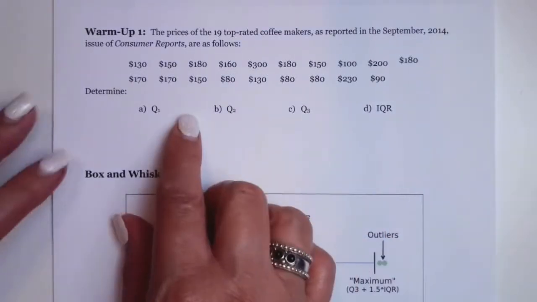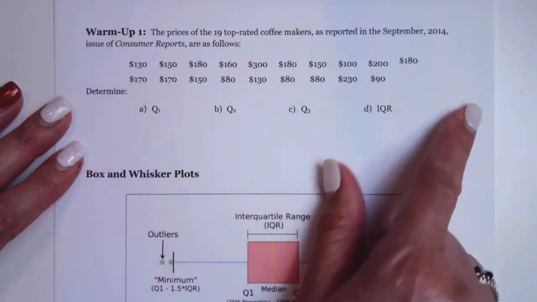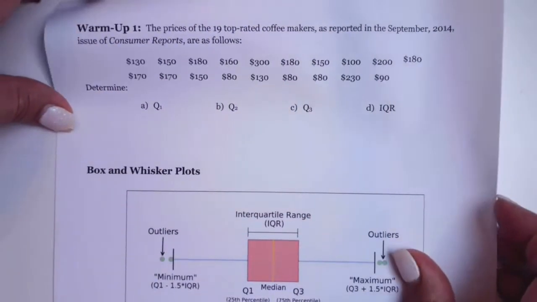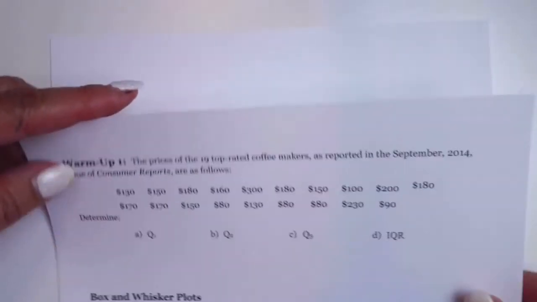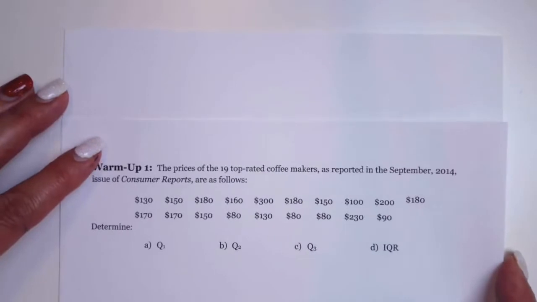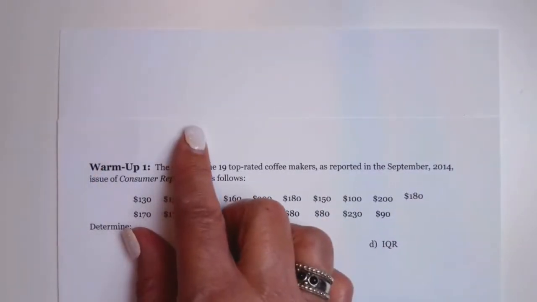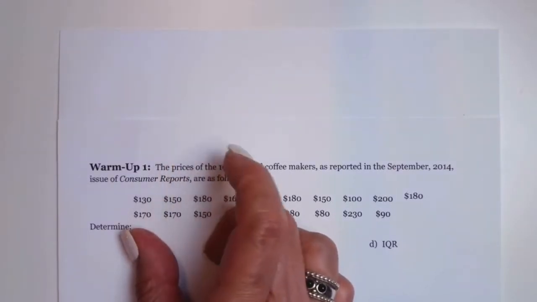Before we can do that, we have to write these out in numerical order. If we don't do that, we're not going to be able to figure out the quartiles. So I'm going to do this on a separate piece of paper. I'm going to try to squeeze them in one line. I don't know if that's going to work or not.